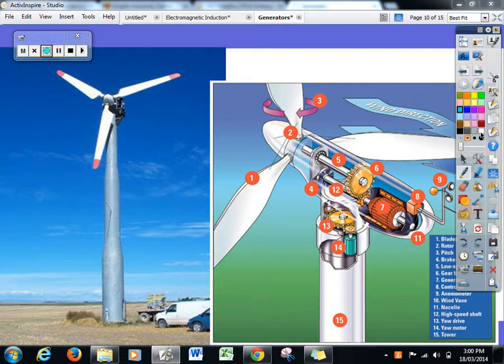What we do know though is that we use the air, the wind, to create that motion, and inside here all we do is have lots of cogs and gears, and here is the coil which moves in the presence of a magnetic field. Okay? And then it just generates electricity, and they all go down. It's normally a wind farm, it's not just a single wind pylon, and they all add together as with currents in series.